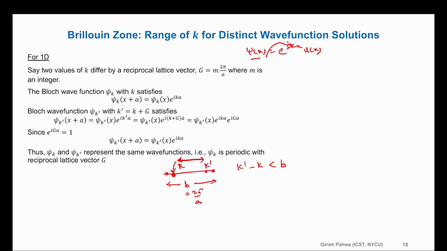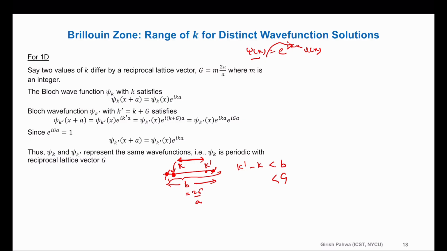Only at the end points can you say these two vectors are b distance apart. But in between, if I choose any two points k and k dash, the distance between them will always be less than b, or less than g. b is also one of the g. So in this period, I cannot have any two k values which are g distance apart.